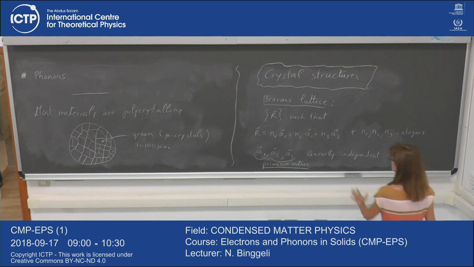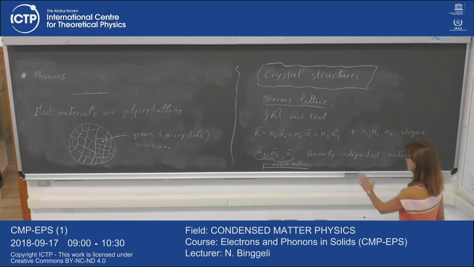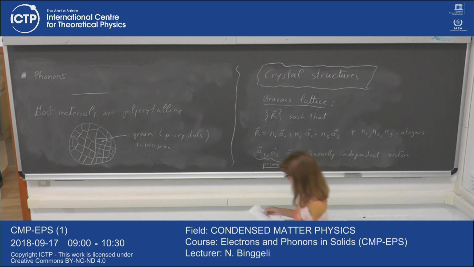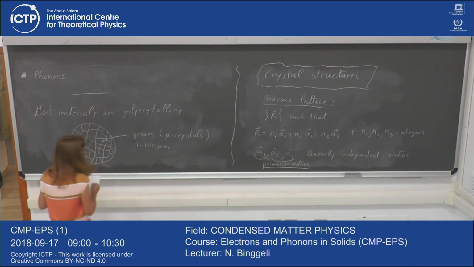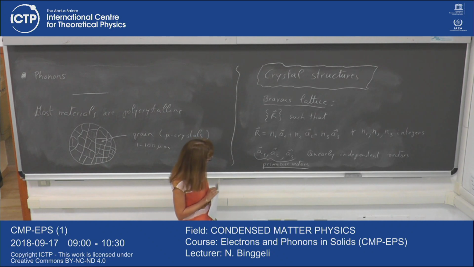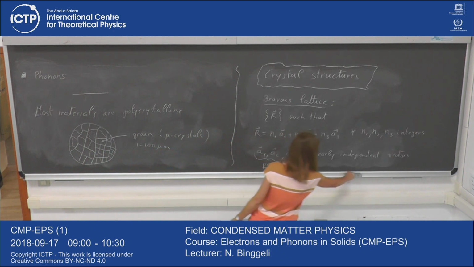Of course, in 2 dimensions, one would have just 2 vectors that are not parallel, and the concept of crystals can be extended easily to 2 and 1 dimension. So this is the definition of the Bravais lattice with N1, N2, and N3 integers, and A1, A2, and A3, 3 vectors that are linearly independent.